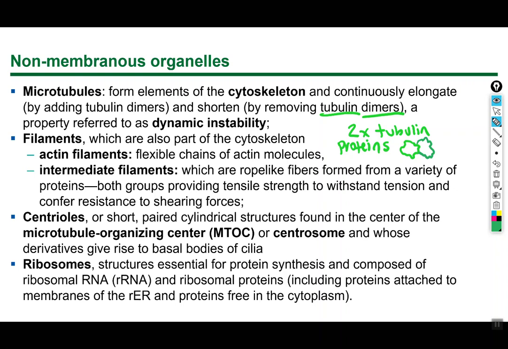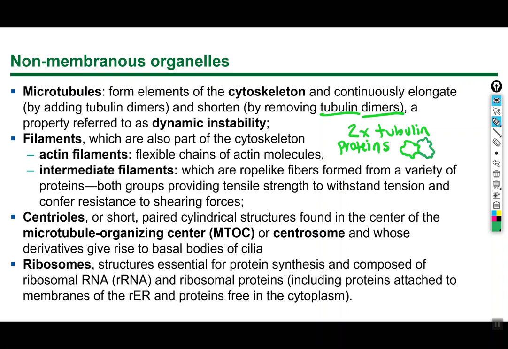So when cells crawl along surfaces, for example, the wandering macrophages that crawl along the inside surface of your lungs, they're extending microtubules at their leading edge, and they are depolymerizing them at their trailing edge. Microtubules are also critical for axoplasmic transport, so the transport of proteins primarily towards or away from the axon of a neuron.